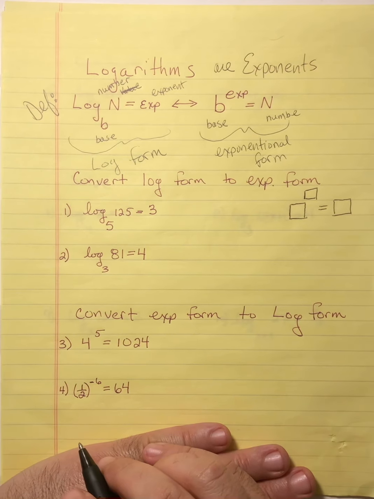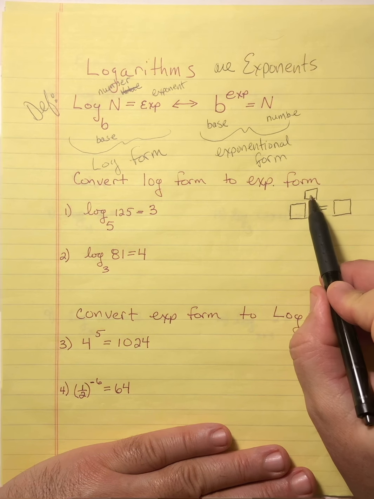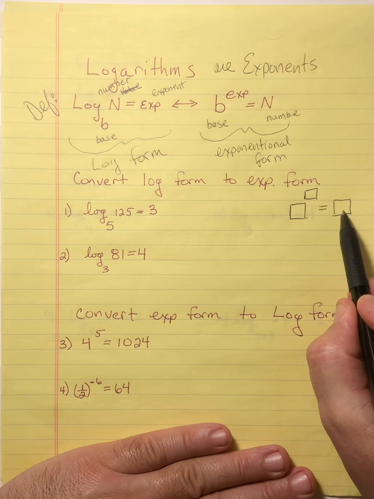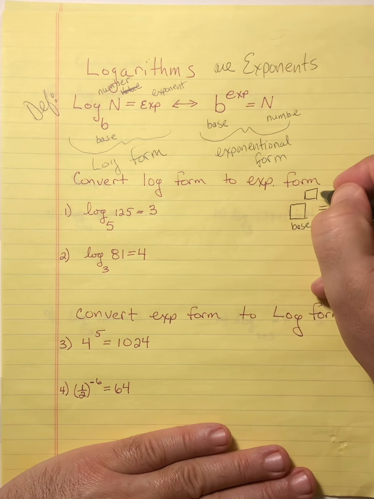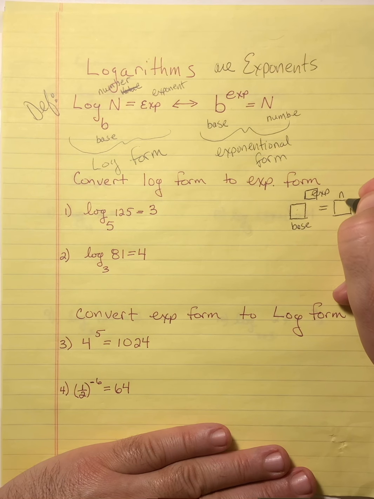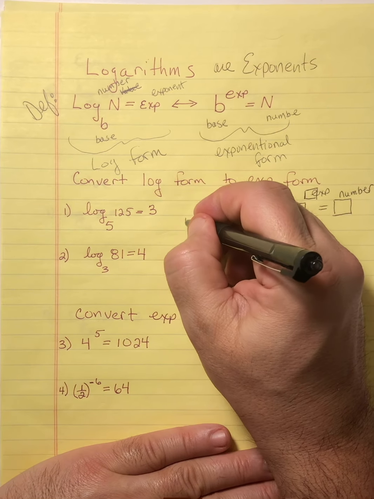There's your exponential format right there. Something to the power of something equals something. So this right here is your base. This is your exponent. And this is the number.